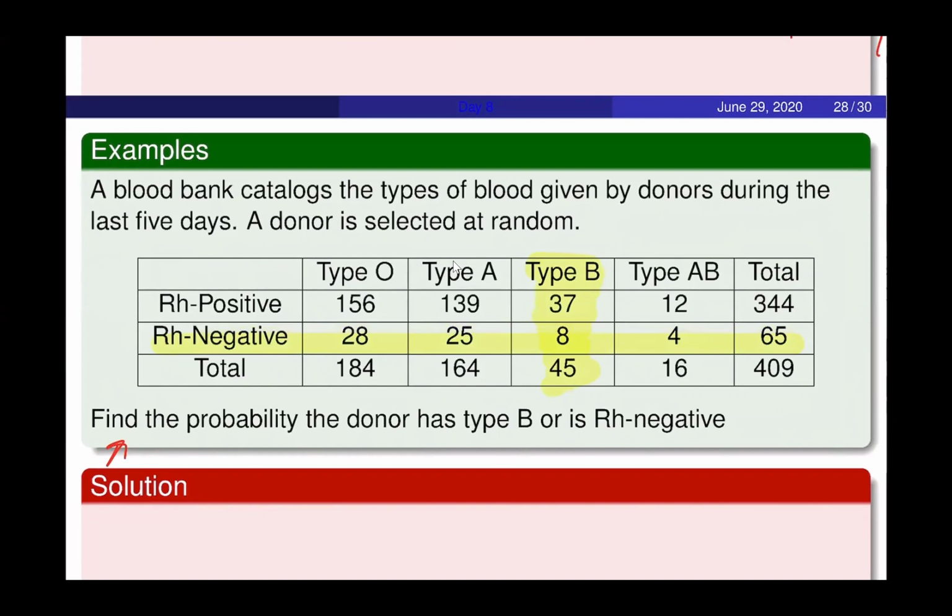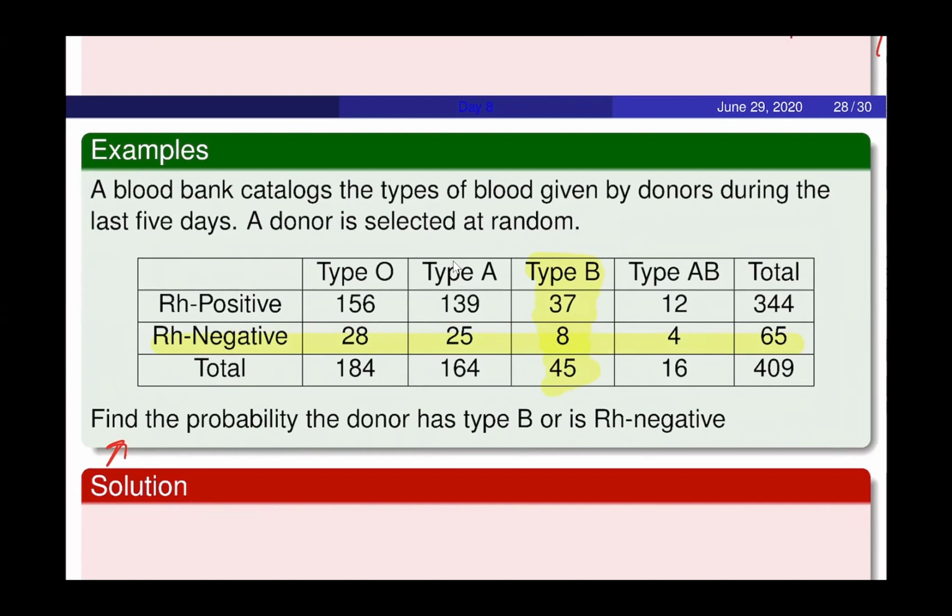So if you look at these, they are not mutually exclusive. The reason they're not mutually exclusive is because there are people who are RH negative and have type B blood.